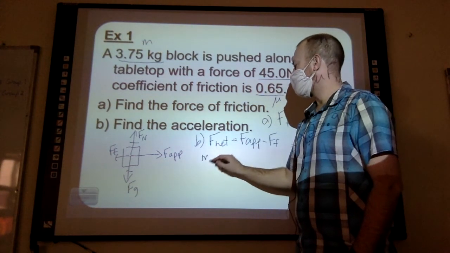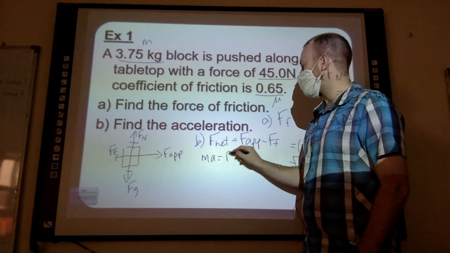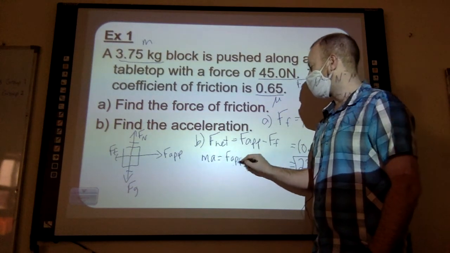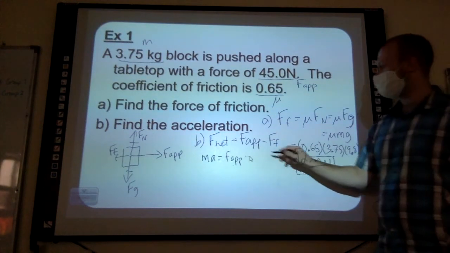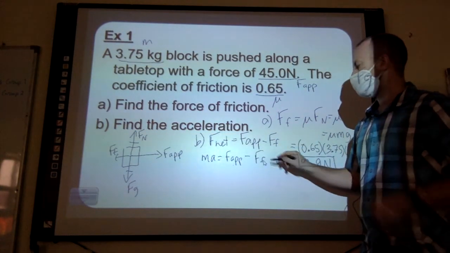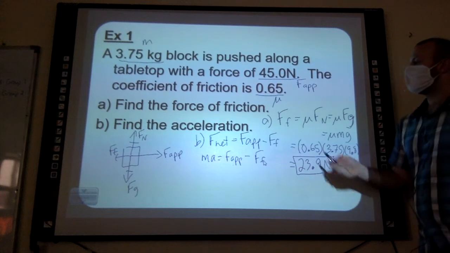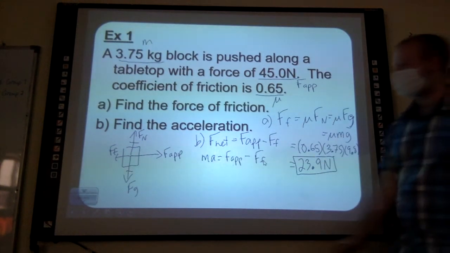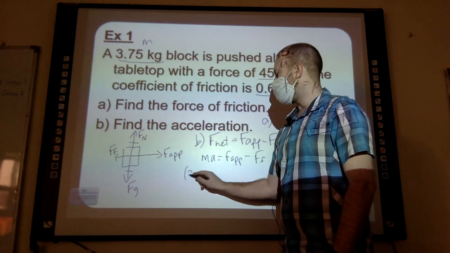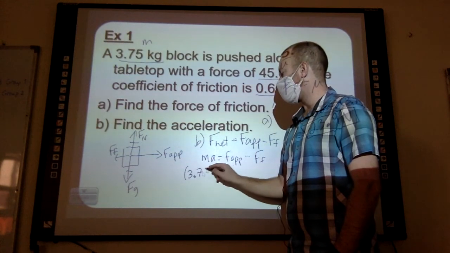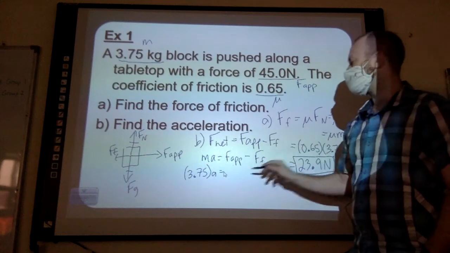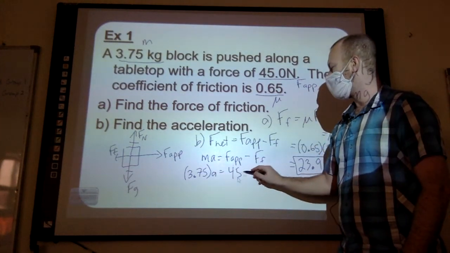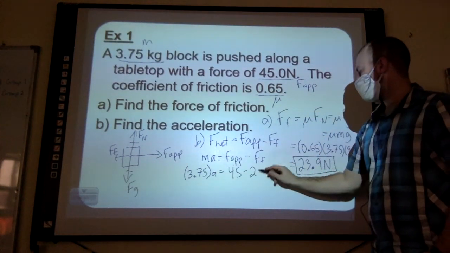So we got MA equals force applied. We know what that value is. Minus, I already solved for force of friction. So let's just leave that there. And now I can get acceleration. Mass is 3.75 times A equals force applied, which we said is 45, minus 23.9.